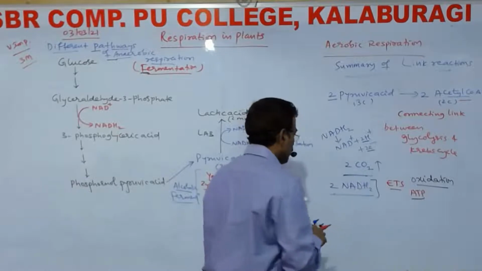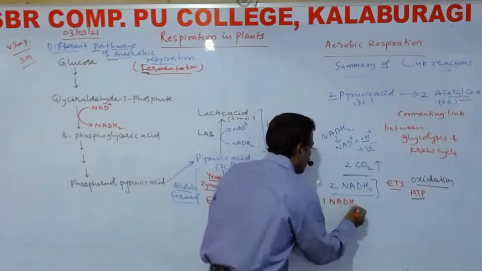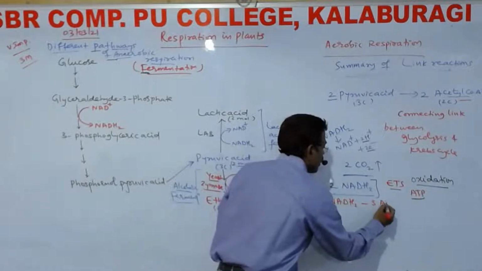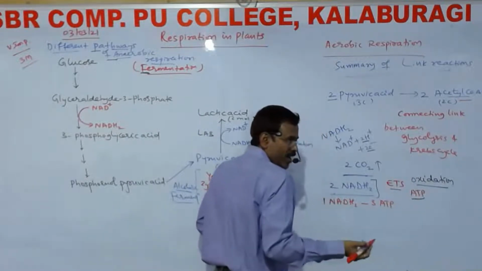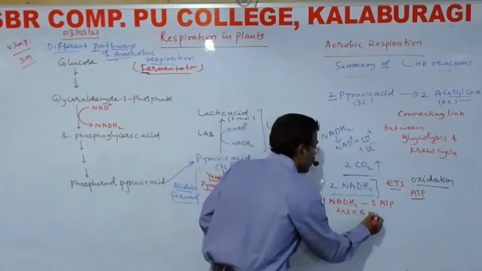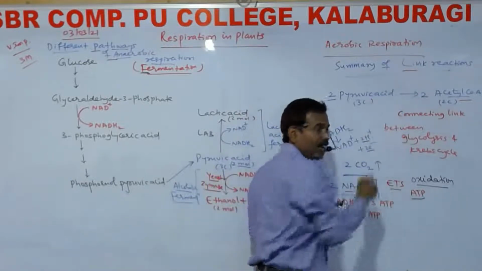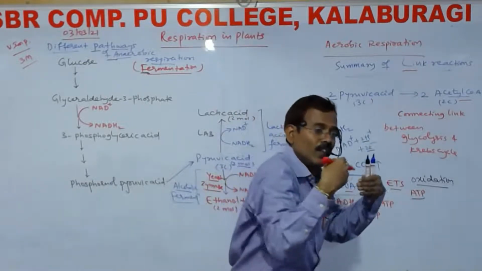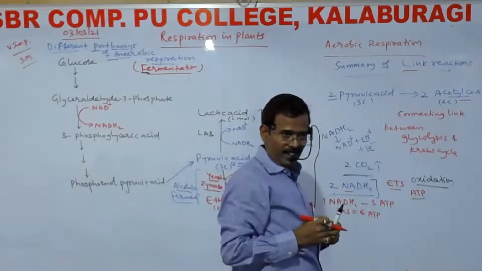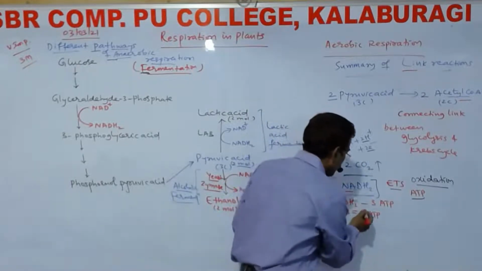Here also, one NADH2 on oxidation yields 3 ATP. So 2 NADH2 can contribute a total of 6 ATP. So the NADH2 produced from the link reaction, at the end of the electron transport system, is going to contribute 6 ATP.